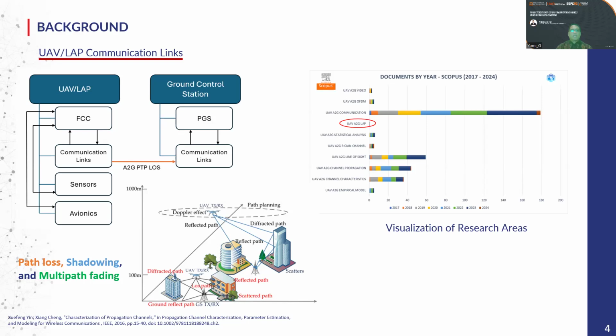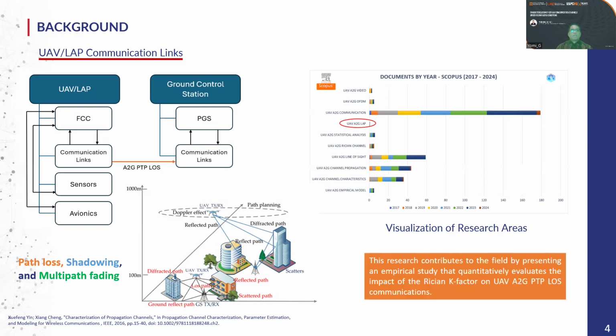This highlights the need for further research, particularly in A2G communication under fading condition. So this research contributes by empirically evaluating the impact of the Rician factor on UAV A2G PTP line of sight communication, which is one of the primary challenges in maintaining high quality UAV communication.